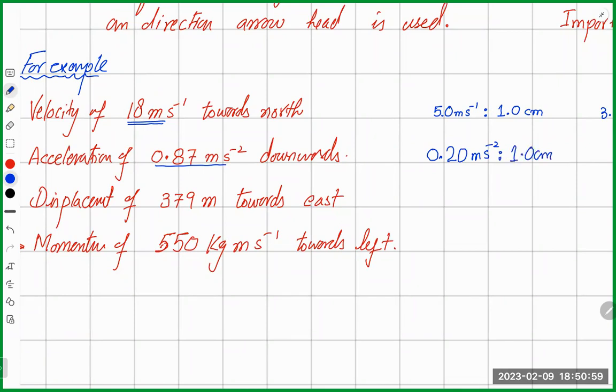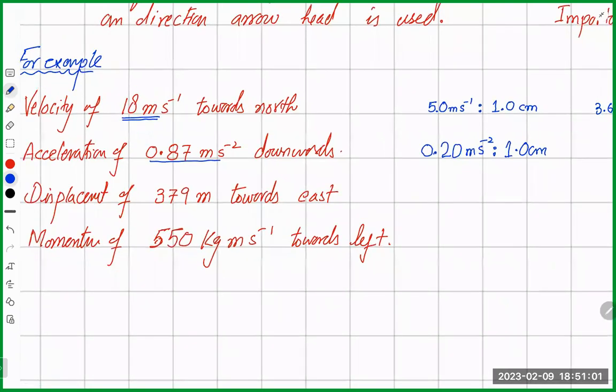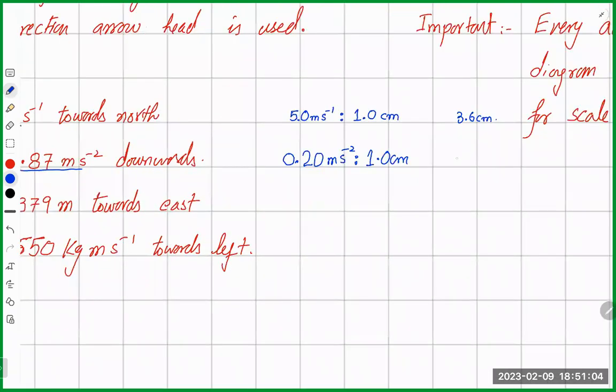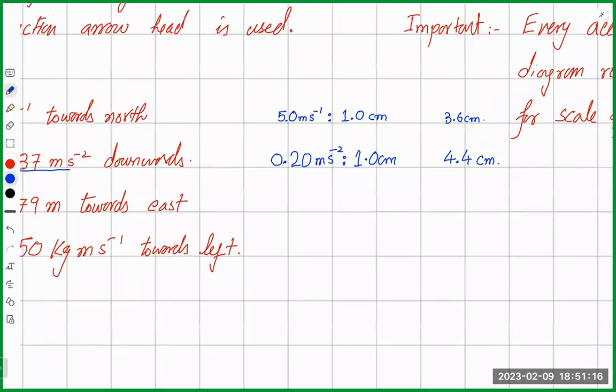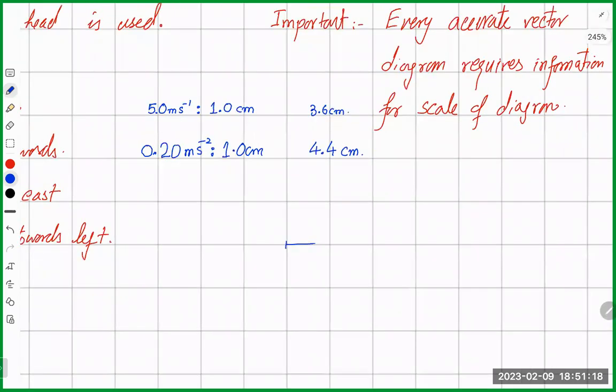That will make a total length of 4.4 centimeter. So 4.4 centimeter is a reasonable length. It will be almost like these 4 boxes, actually 4.5 boxes. This is a reasonable size of line on a paper.